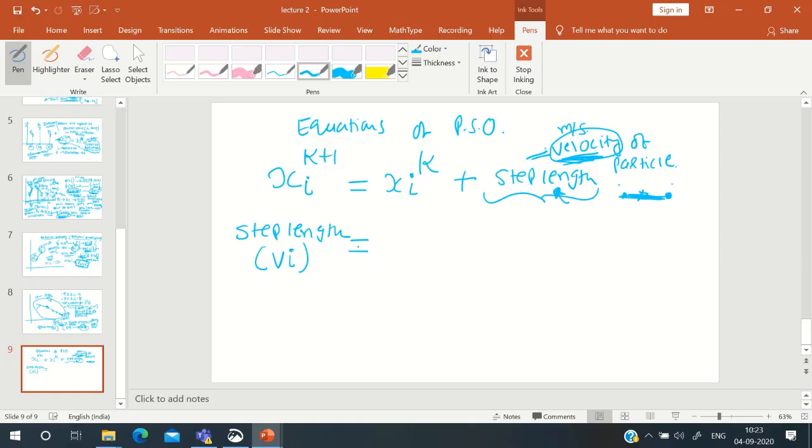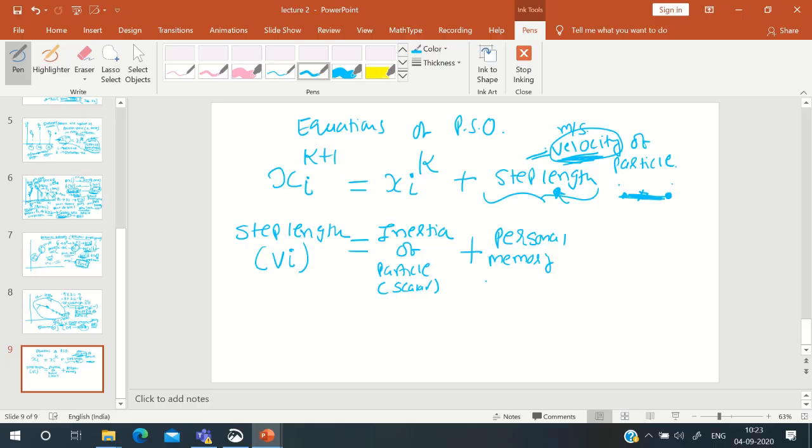Step length is composed of three terms. First, we consider the inertia term, inertia of every particle. You will obtain some scalar value, plus the personal memory of each particle, personal intelligence, or personal cognizance. This is also a suitable word.